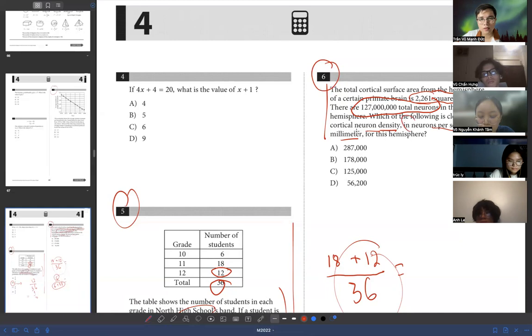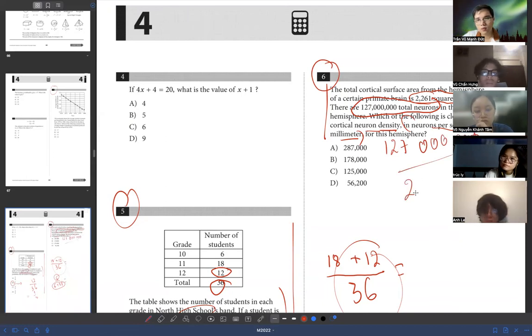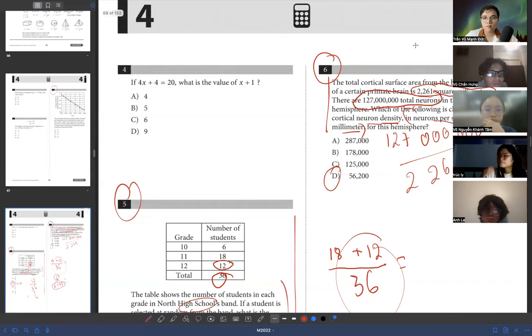This unit suggests that we just divide them, 1.7 million divided by 2,261. That's essentially it. Let me calculate. And it is D, almost 56,200. Remember, they're asking about the closest.